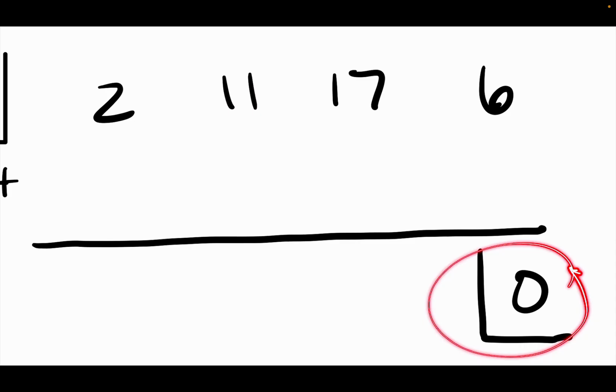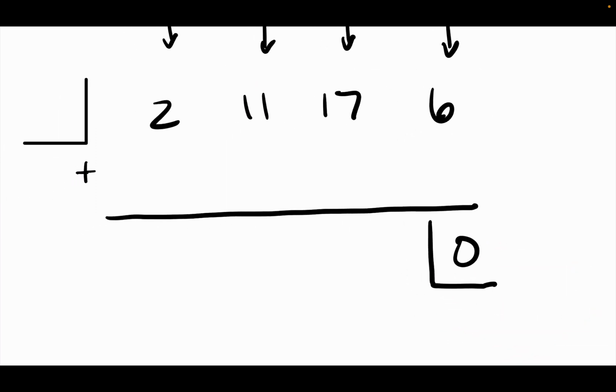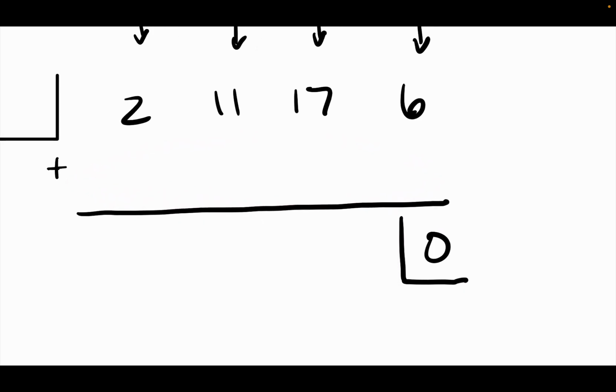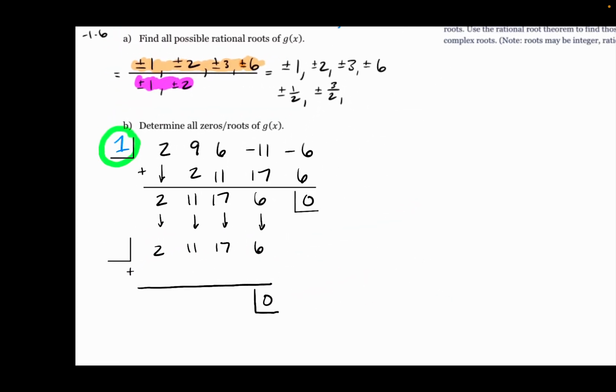So if I have all positives, and I want to eventually get 0, do I want to put a positive number here? Because won't that make it bigger when I multiply and add? Doesn't that make things bigger? I want to get down to 0. So instead of positive numbers, let's just focus on negative numbers, because then I'll get negative numbers in the mix here, which is good. So negatives.